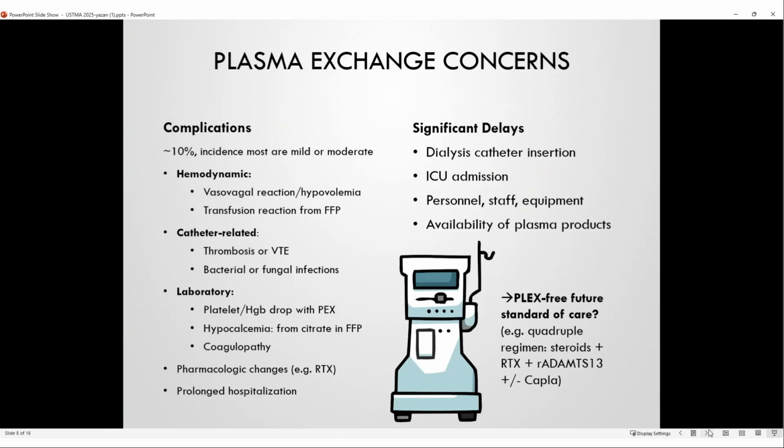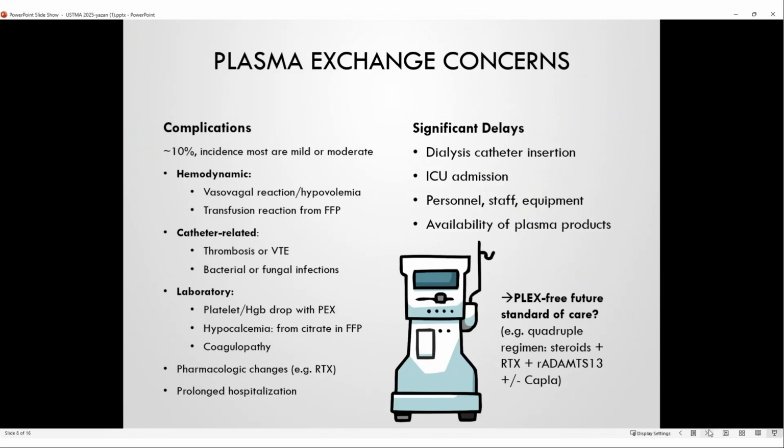And if you're a TTP patient yourself, you may recall the process of having to wait for someone to place the catheter and having that big catheter for a long period of time, and the process of plasma exchange and sometimes requiring ICU admission and so forth.